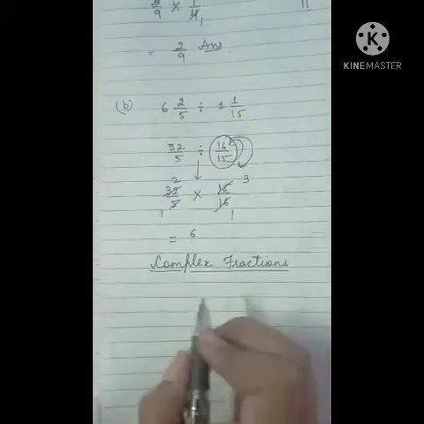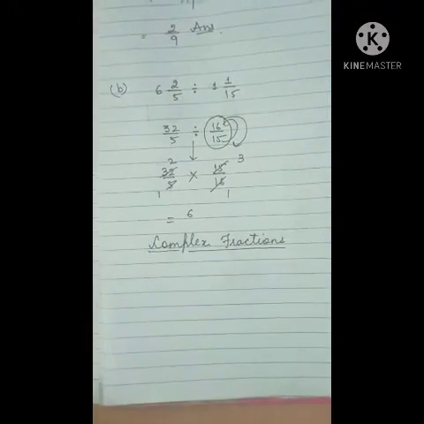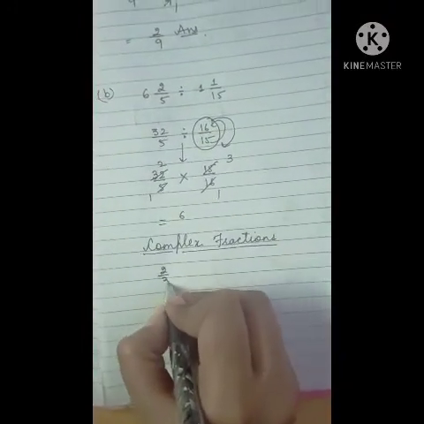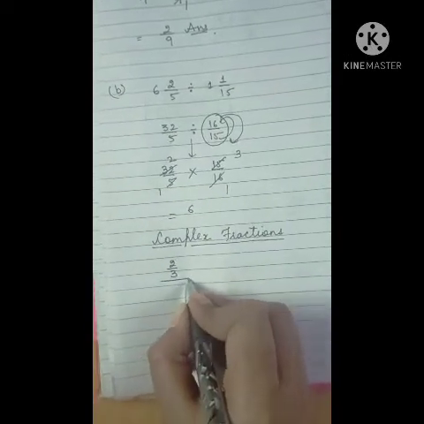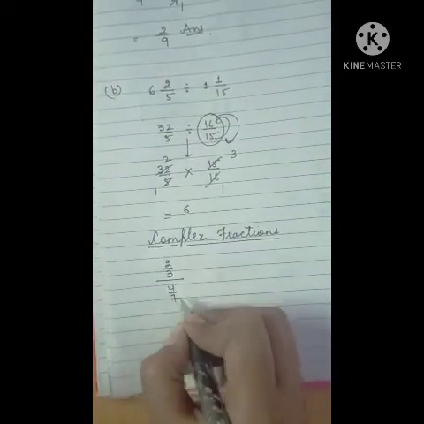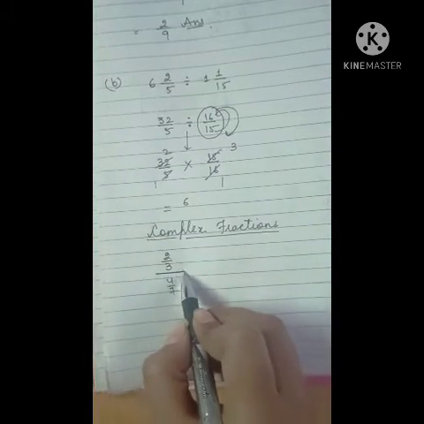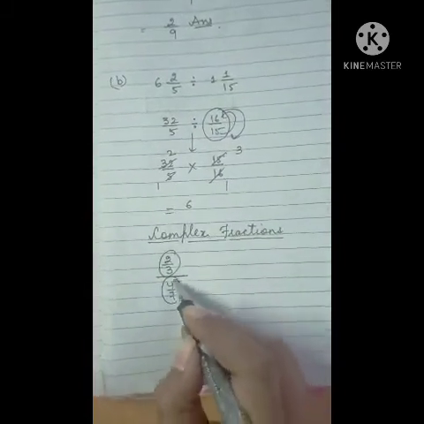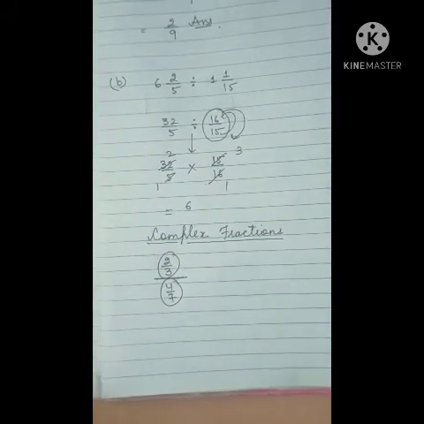For example, if we have a fraction like 2 by 3, this is the division line, and 4 by 7. Here the numerator is also a fraction and the denominator is also a fraction. So this is a complex fraction.